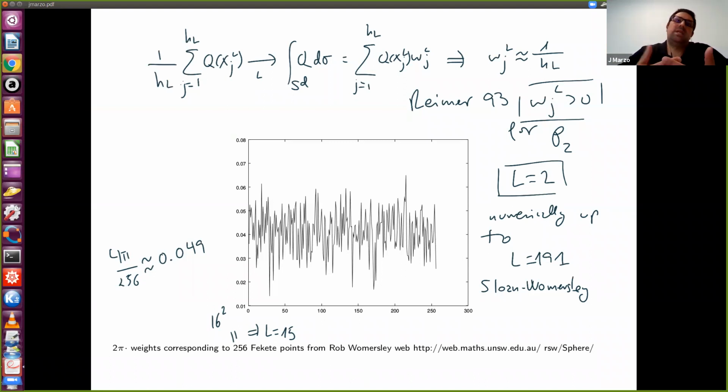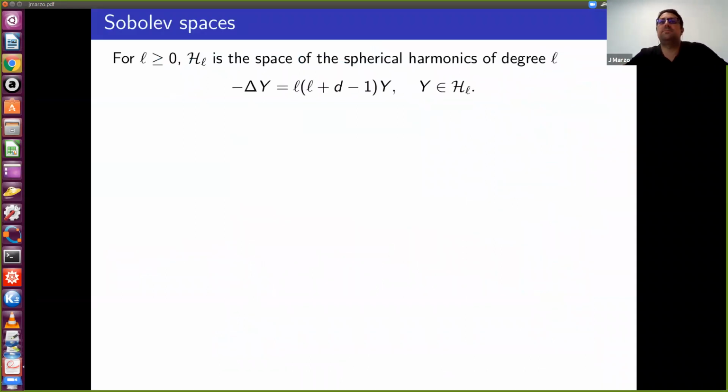Therefore it's natural to try to consider a chain of spaces with increasing regularity, where you can measure this regularity. And this is why I'm going to introduce now Sobolev spaces.